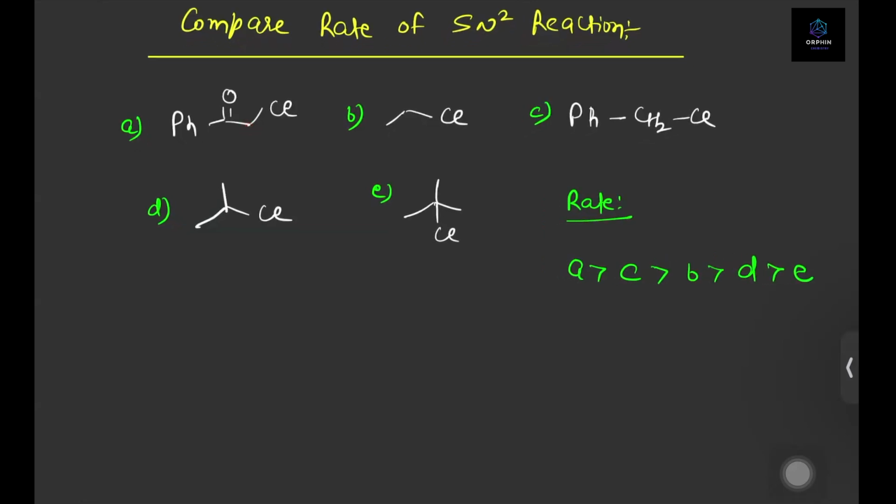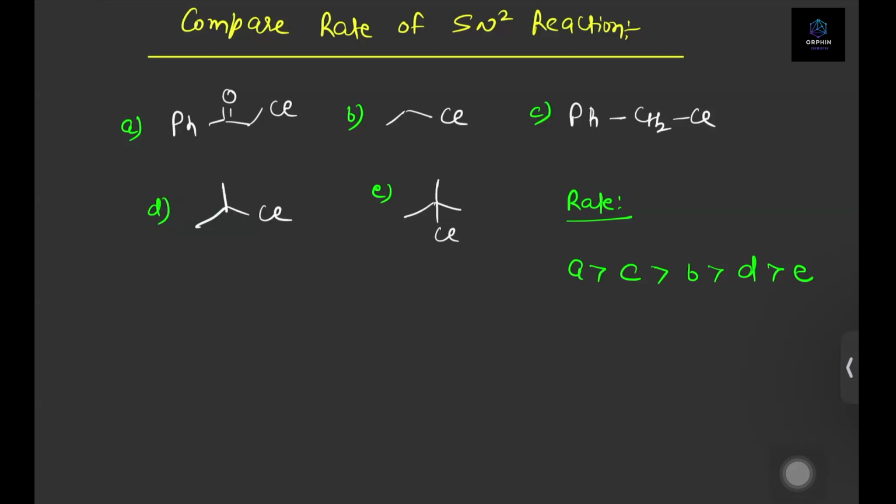In the case of SN2, we do not make the carbocation. Actually, the thing is, in the case of SN2, I told you that when electron withdrawing groups are there, they will withdraw the electron density from the carbon and they will stabilize the transition state.